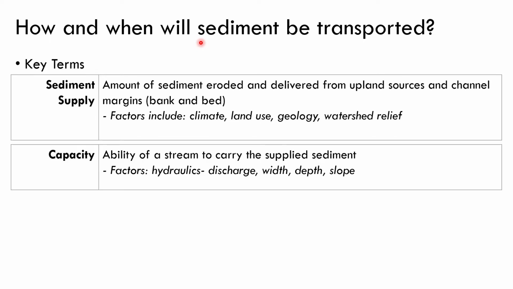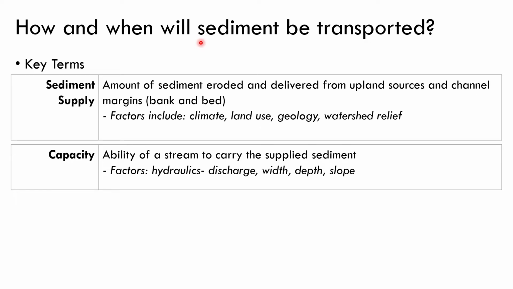Okay, another key term when we're talking about sediment is the capacity, which is the ability of a stream to actually carry the sediment that is being supplied. This is an important one to think about, because not every stream has the ability to carry all of the sediment that it's being supplied.